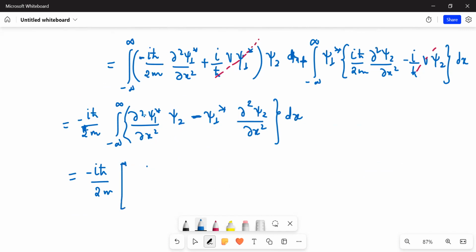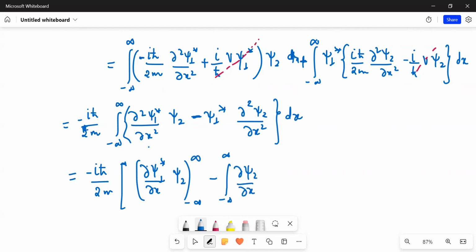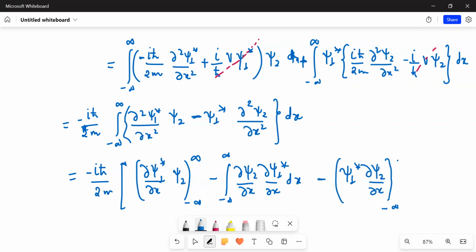So now let us integrate. If I integrate this thing, I'll get del psi upon del x, psi 1, sorry, psi 2 will remain as it is, from minus infinity to plus infinity. This is integration by parts, by the way. This integration would give me del psi 1 star del x dx, minus of psi 1 star, integration of this particular thing, del psi 2 upon del x, from minus infinity to plus infinity.